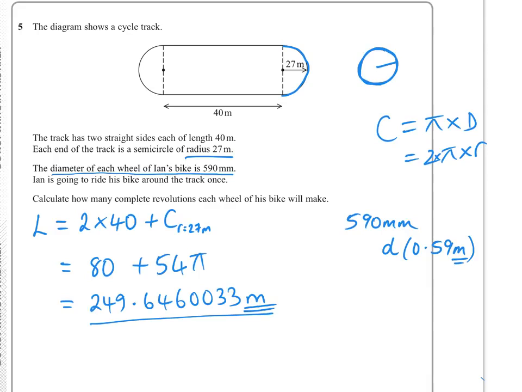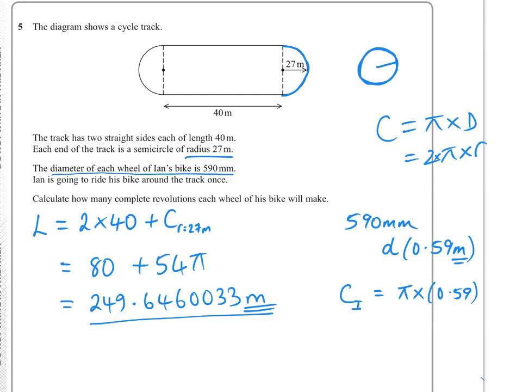So we know then that the circumference of Ian's bike wheel would be pi times the diameter, pi times 0.59. So we'll do that, pi times 0.59.